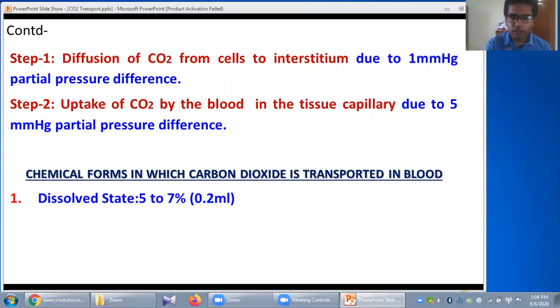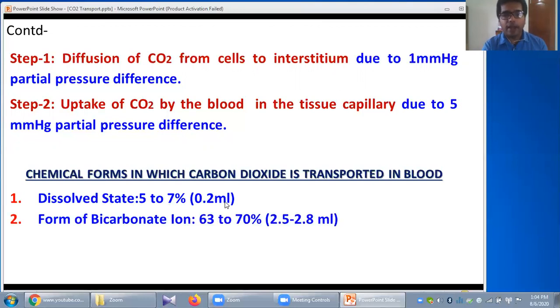I have already shown you that 5 to 7% of carbon dioxide will be transported in the dissolved state, and that is equivalent to 0.2 ml, because you know 100 ml of blood removes 4 ml of carbon dioxide from the tissue, and among these 4 ml, 5 to 7% will be transported in the dissolved state, equivalent to 0.2 ml.